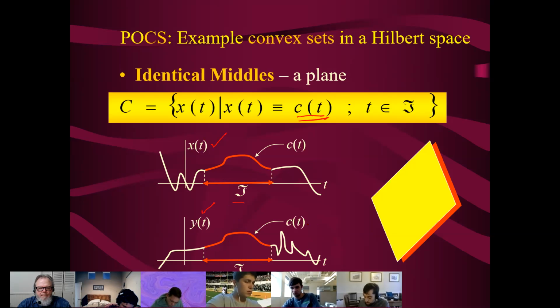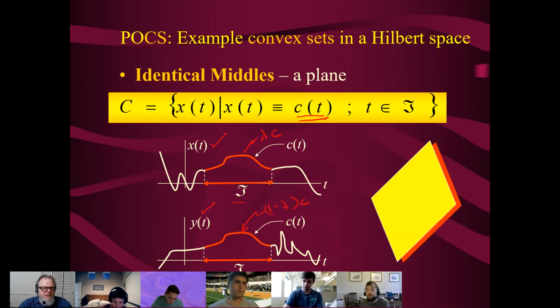But all of the signals in this set turn out to be a convex set where all of the signals are identically equal to a specified function within a specified interval. Because if we take lambda times this, lambda times the constant, and then down here we take 1 minus lambda times the constant.